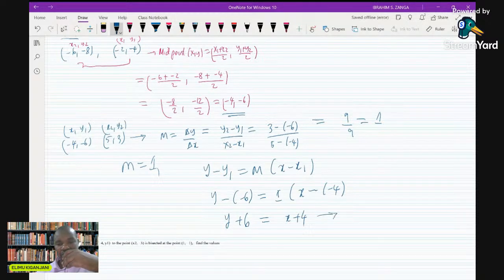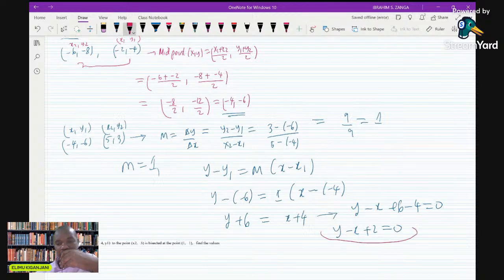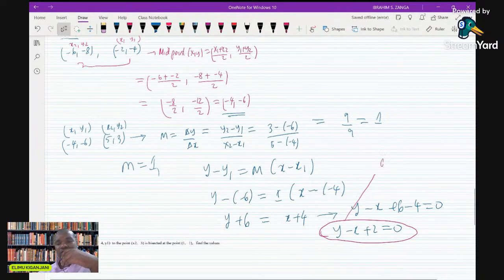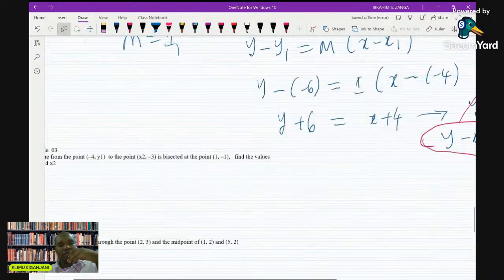Combining like terms, you'll have y minus x plus 6 minus 4 equals 0, and the equation is going to be y minus x plus 2 equals 0. Yes, students, this is the equation in the form ax plus by plus c equals 0. We go to example number 3.